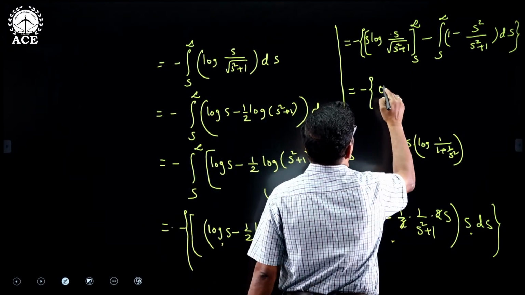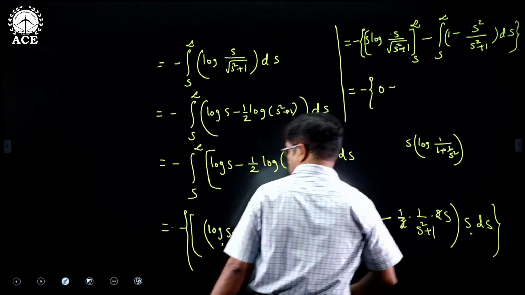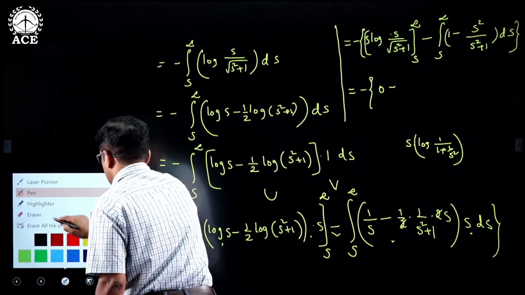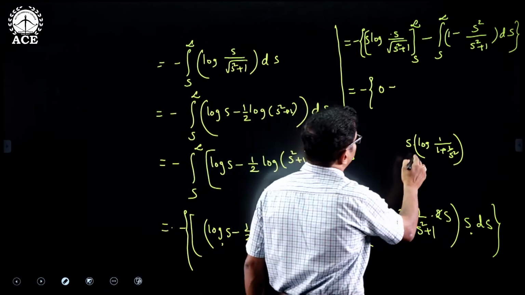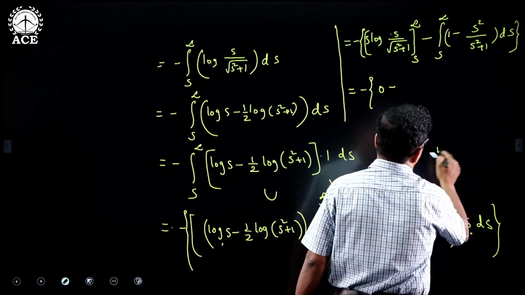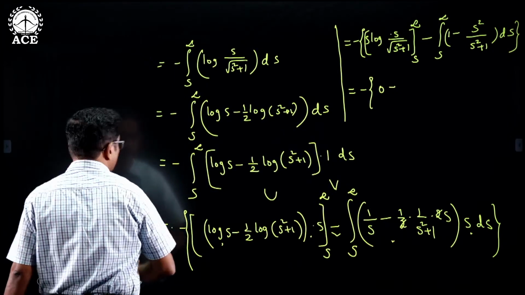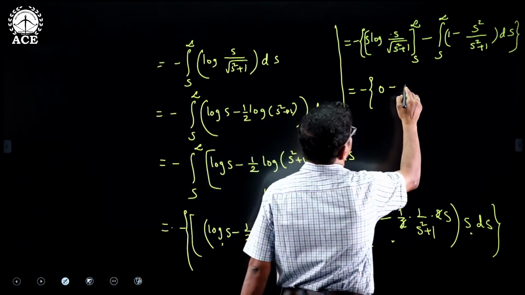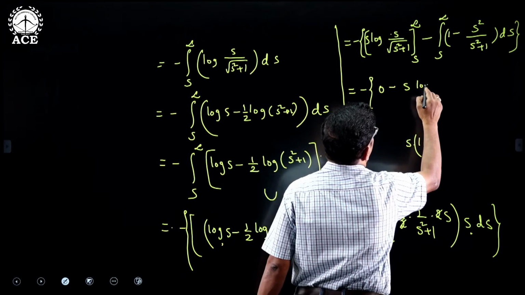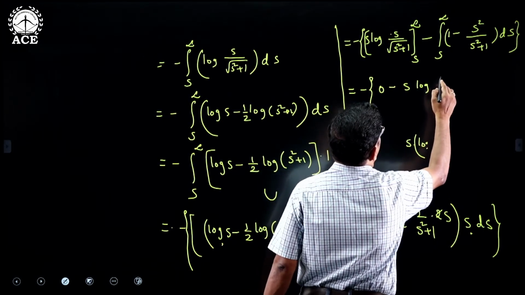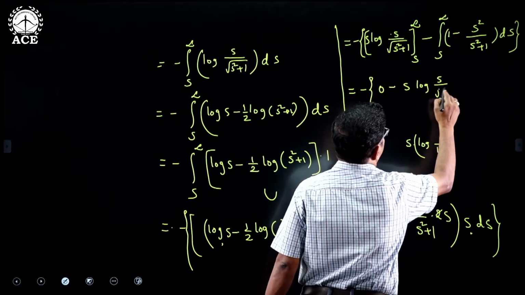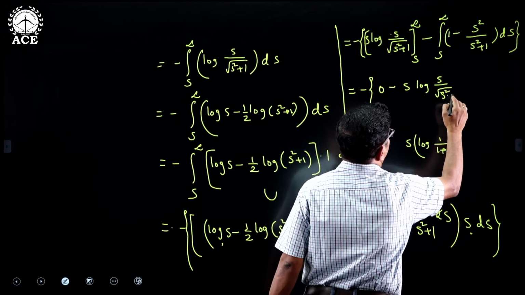So 0 minus, for the lower limit that will be s into log of s by root of s square plus 1.